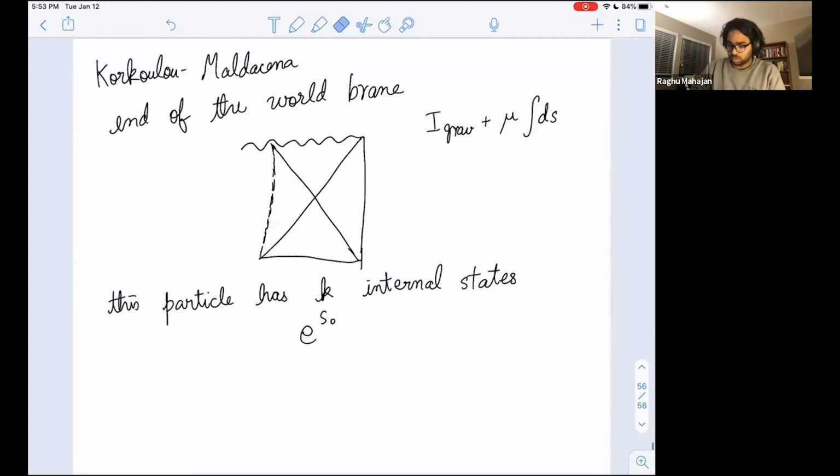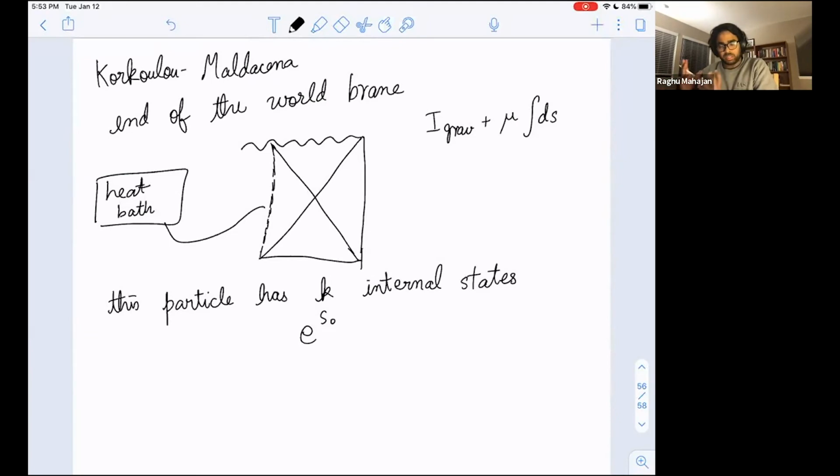Okay, so what we do is we try to entangle this end of the world brane particle with some Hawking radiation. So here is some radiation. Or not just entangle this particle, but entangle the gravitational system with its k internal states to this radiation.